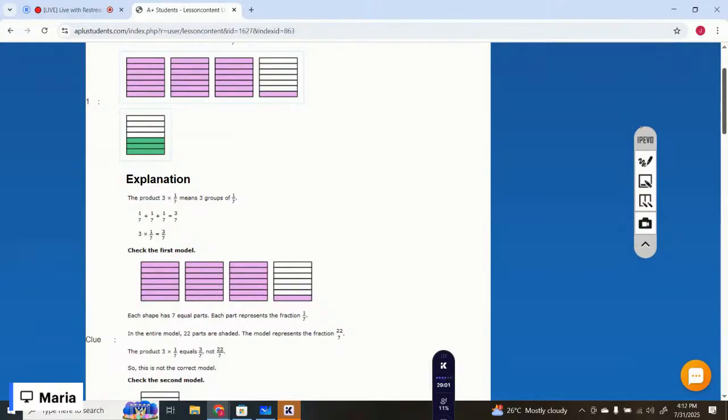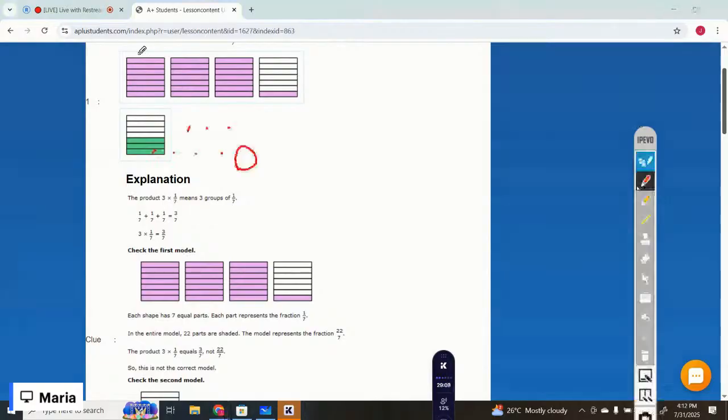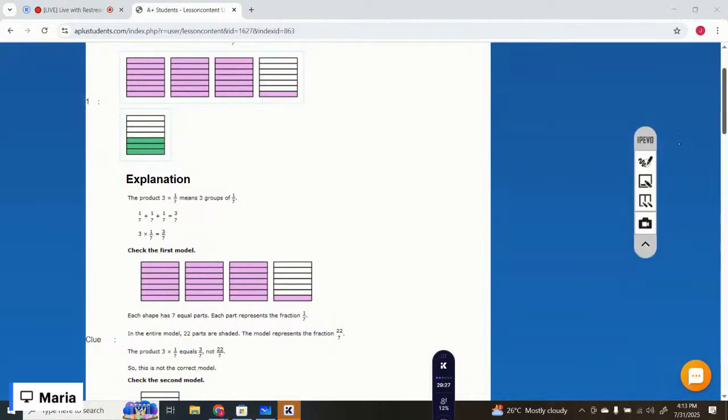They have 1, 2, 3, 4, 5, 6, 7. And look at the second one. We have 3 of the lines are colored out of 7. So option number 2 is the correct option. The second one represents 3 by 7.